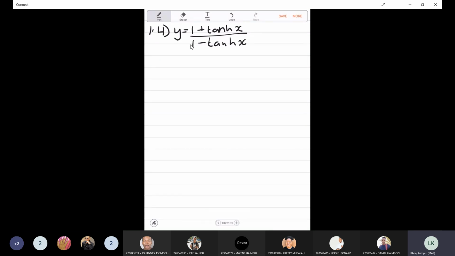So to find the first derivative, all we do is use the quotient rule. So we know that y prime is the denominator as it is, multiplied by the derivative of the numerator, which is just sech squared of x.